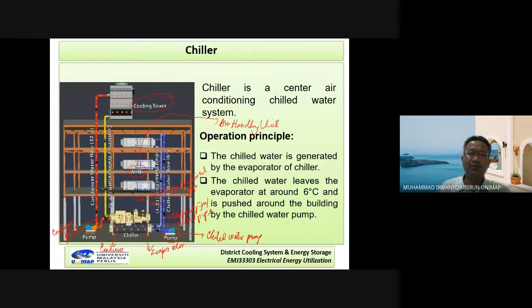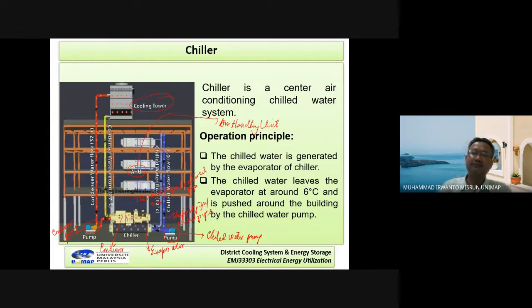By this compressor it is compressed and enters the evaporator. This evaporator again generates chilled water with a temperature of around 6 degrees Celsius, and then goes back to the AHU. This is the operation principle of the chiller or district cooling system.